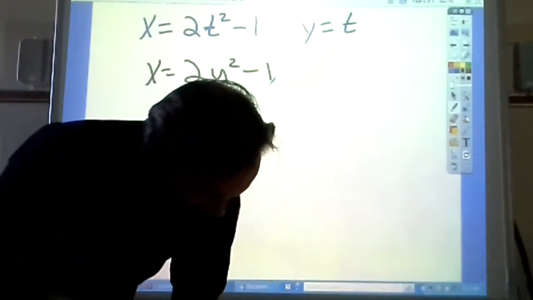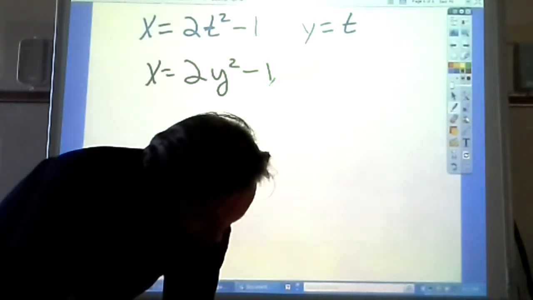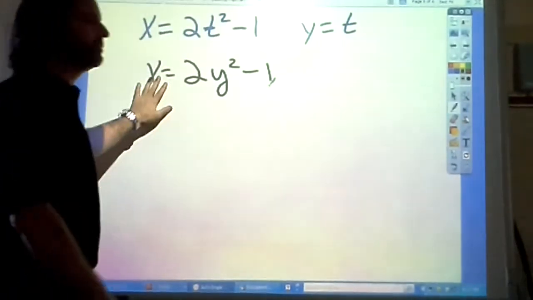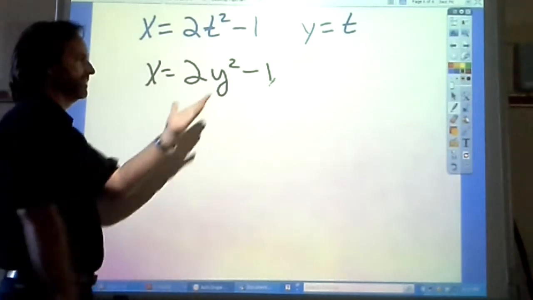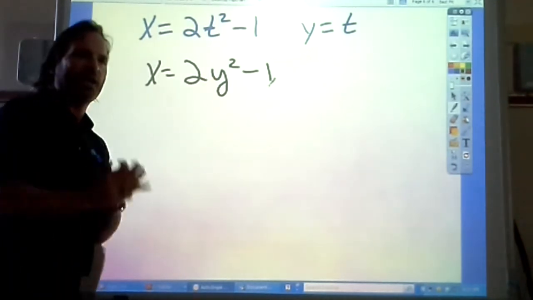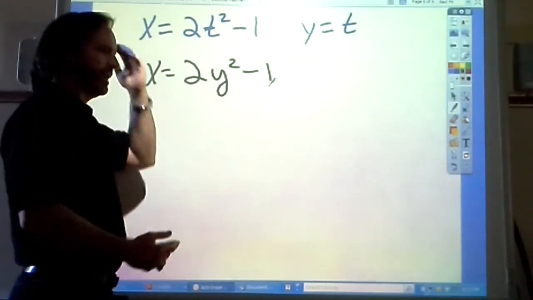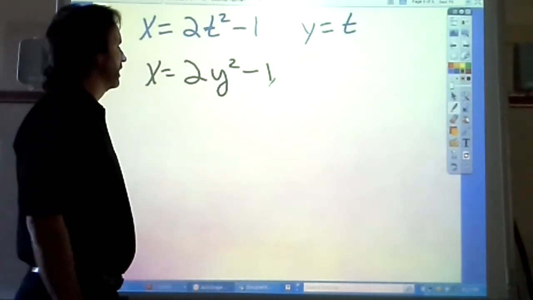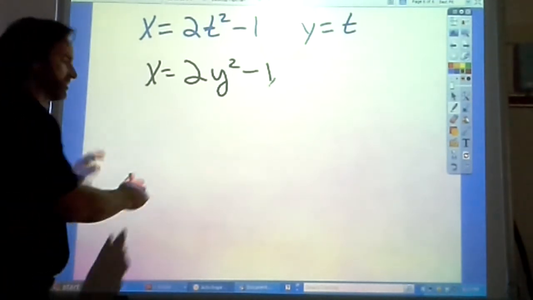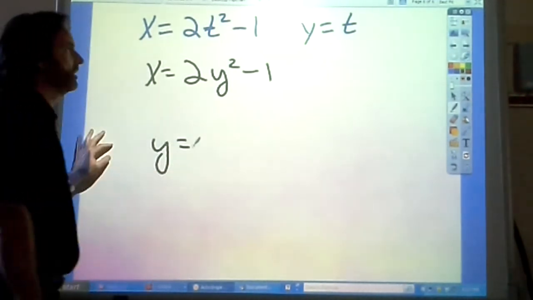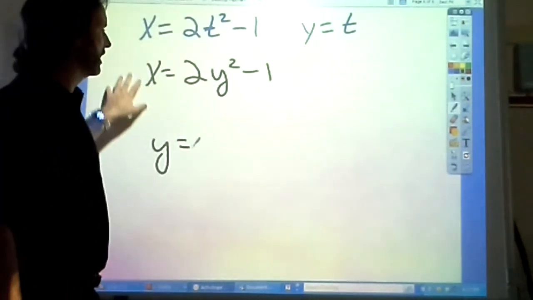They said, eliminate t, solve for x in terms of y. So x equals, in terms of y. So that's basically x equals y squared, a horizontal parabola, and it's going to open up this way. And if they said solve for y in terms of x, that'd be y equals. So basically substitute, get t by itself, substitute, and get your equation.